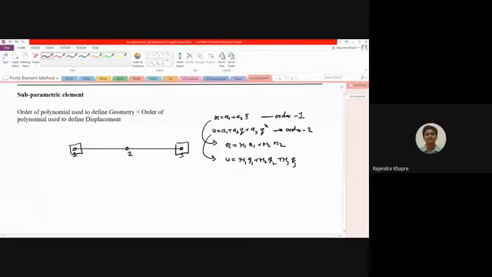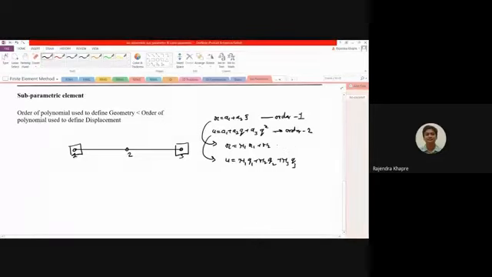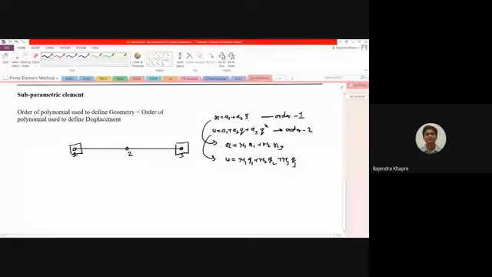And x2 will not be x2, it will be x3, because x2 was the node at the other end, but in this case that is the last node. Therefore this has to be the x3 value.